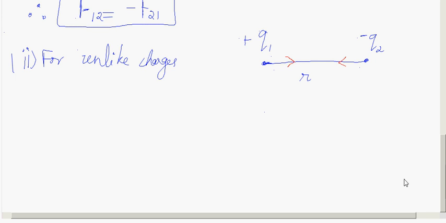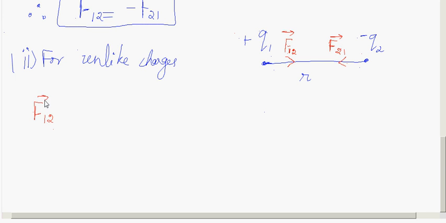So this is F12, force on 1 due to 2, and F21, force on 2 due to 1. And the magnitude is same as the before equation.